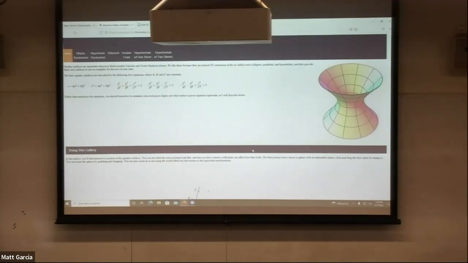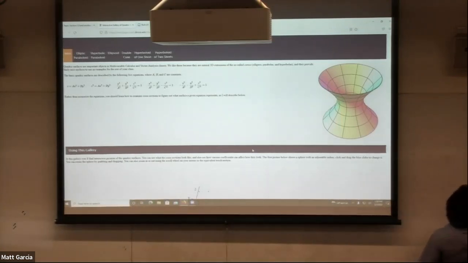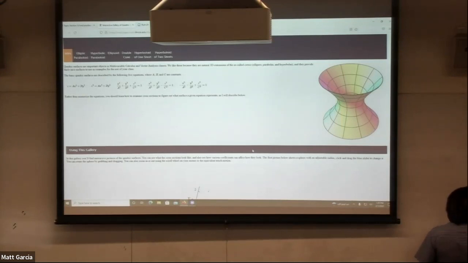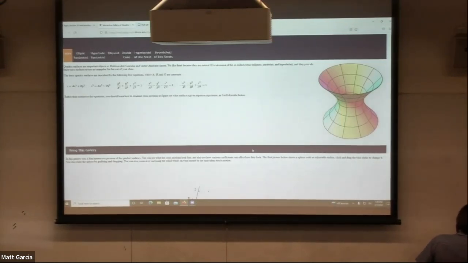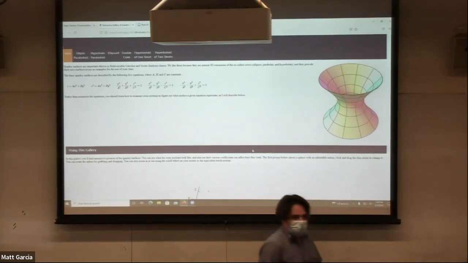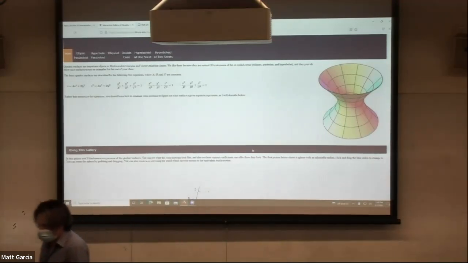The phrase conic section means a part of a cone, and we usually think of it as a double cone, something like this. The conic sections are ways in which we can slice these cones.